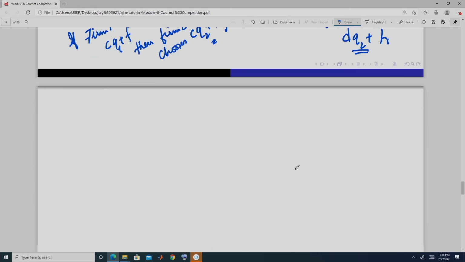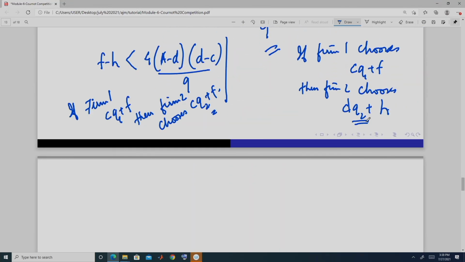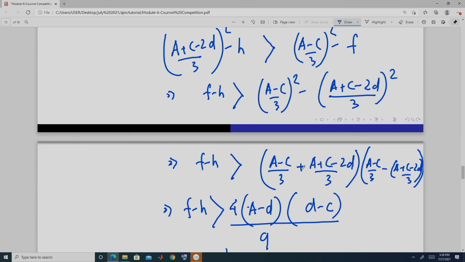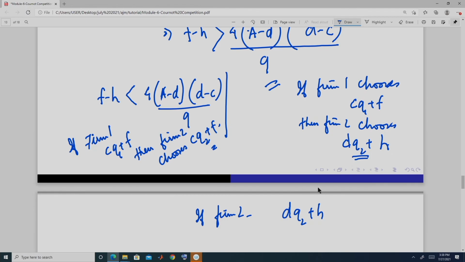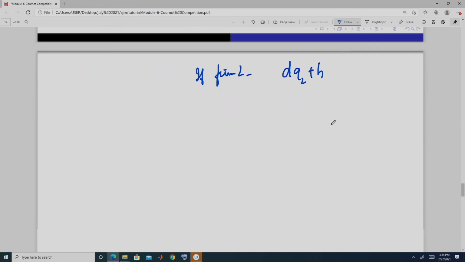Now, if firm 2 is choosing this, given firm 1 has chosen this, is it optimal for firm 1? To find out whether that is a Nash equilibrium, we have to compare this with firm 1's point.